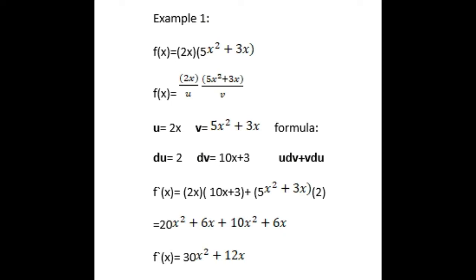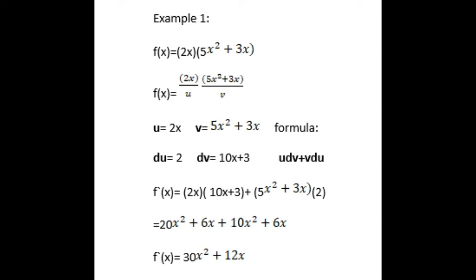We will put things together. So f prime of x is, first write down the first function, which is 2x, multiplied by the derivative of our second function, which is 10x plus 3, then add the second function, which is 5x squared plus 3x, multiplied by the derivative of our first function, which is 2.